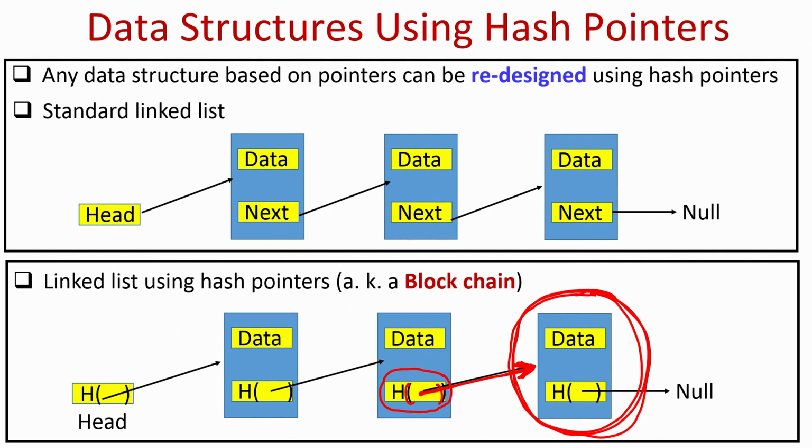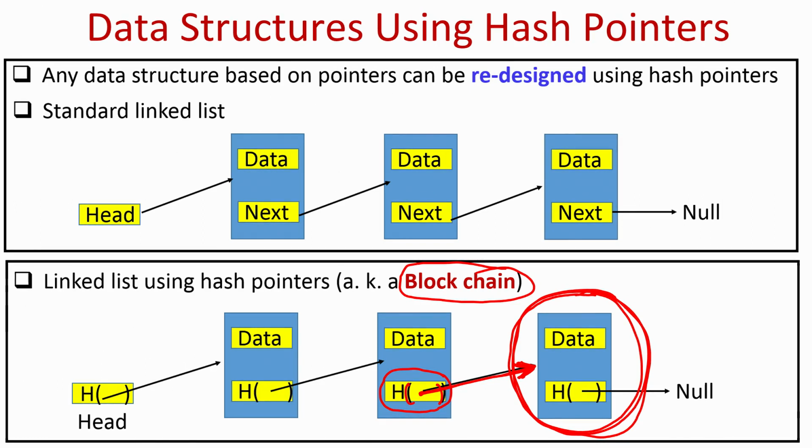Now, as soon as I take this standard linked list and replace all the pointers by hash pointers, I obtain a very nice data structure which has a very fancy name in today's world, namely blockchain. So, if someone asks you what exactly a blockchain is, a blockchain is nothing but a linear linked list where all the pointers are replaced by hash pointers.